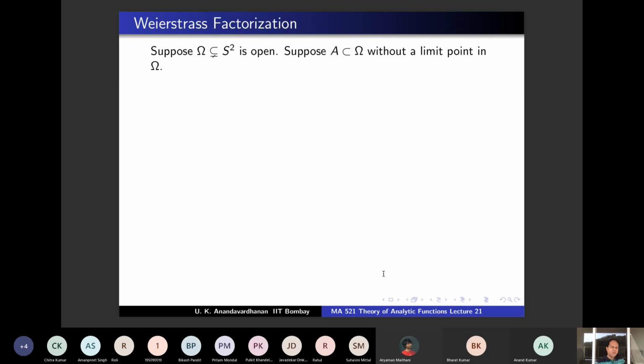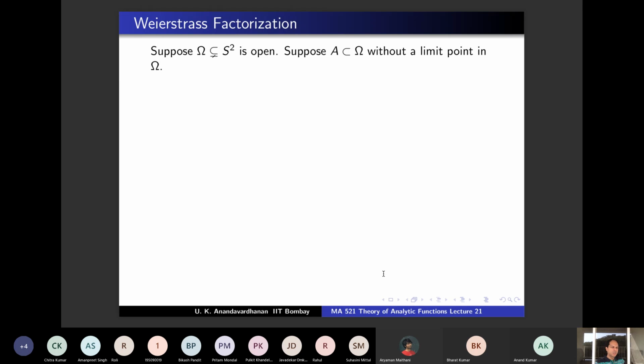Associated to each point in A, you also give me a number, which is going to be the multiplicity of the zero. Now we have to construct a function holomorphic on omega whose zero set is precisely A, and for each alpha in A, if you have given me M alpha, then the multiplicity of the zero is precisely M alpha.